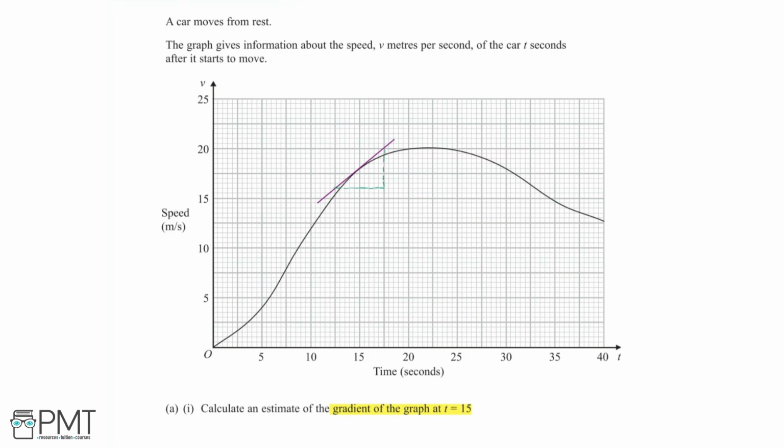Now that we've found these 2 points, let's use them to find the gradient. The speed at this point is equal to 20, and the speed at the bottom is equal to 16. The time at this point is 17.5, and the time on the left-hand side is equal to 12.5.